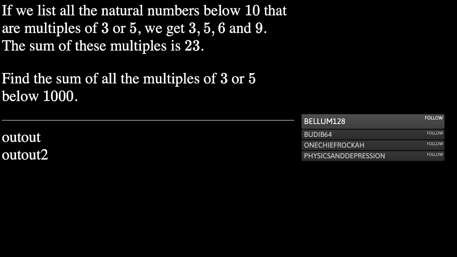I thought I had it. I could do this one by hand, sort of. I want all multiples of 3 that are below 1,000. So how many multiples of 3 are there below 1,000? There are 333. And what I want to do here is add up all the numbers from 1 to 333 and then multiply by 3.